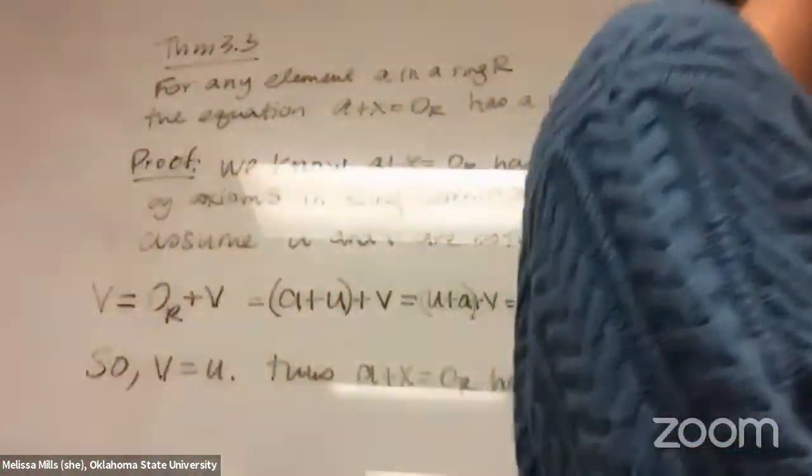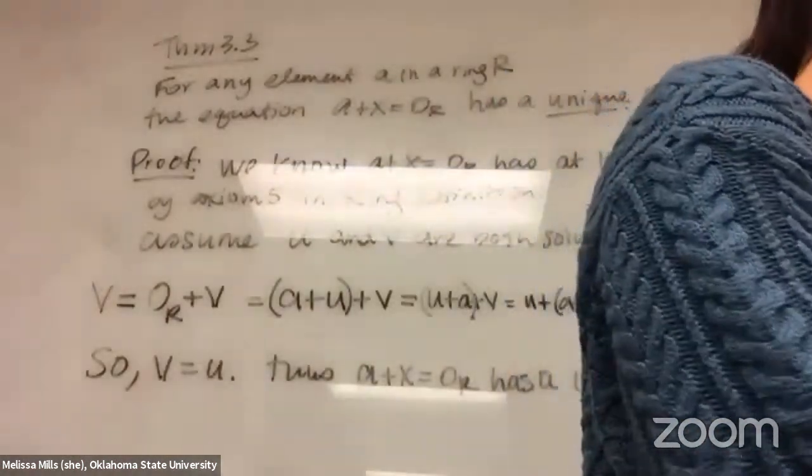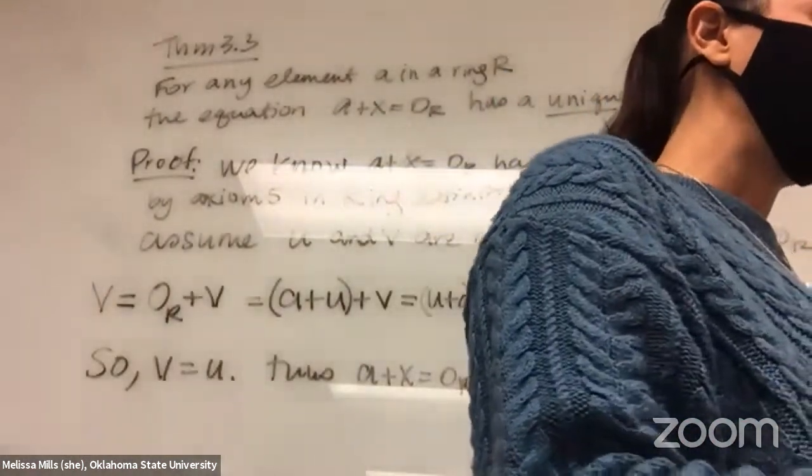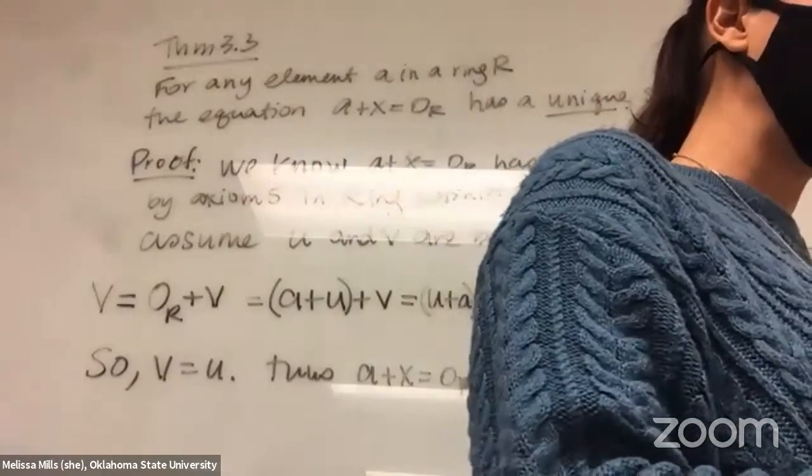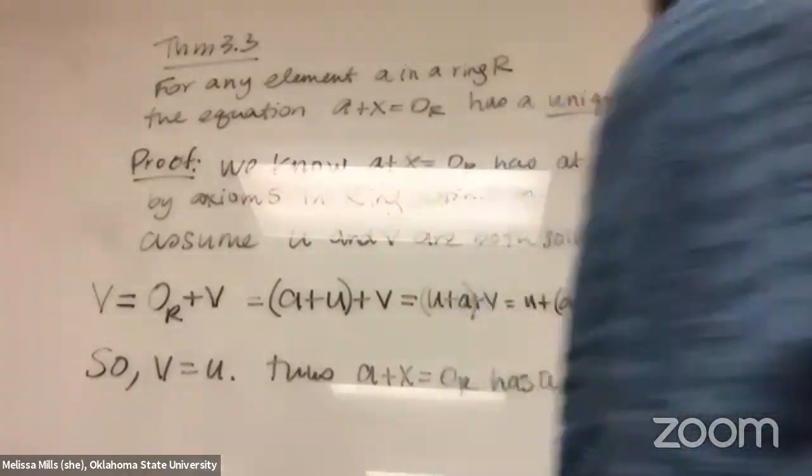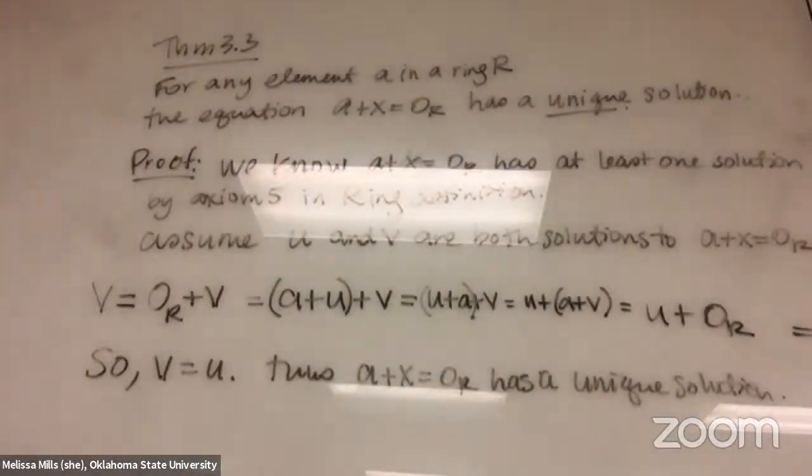Now let's keep going. Let's see how far I can get today. Okay, so this is going to be cancellation for addition, theorem 3.4. I'm trying to get to theorem 3.5, but I don't know if I'll get there. So maybe.